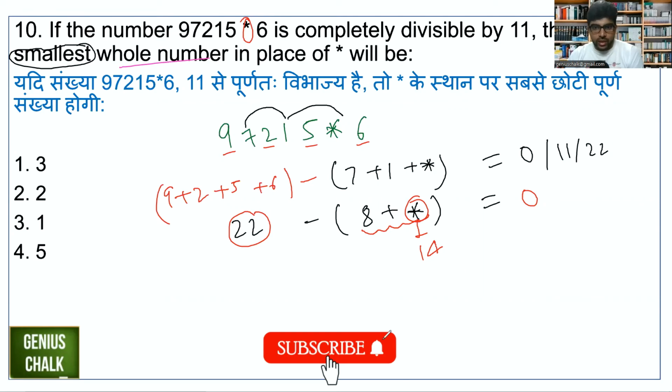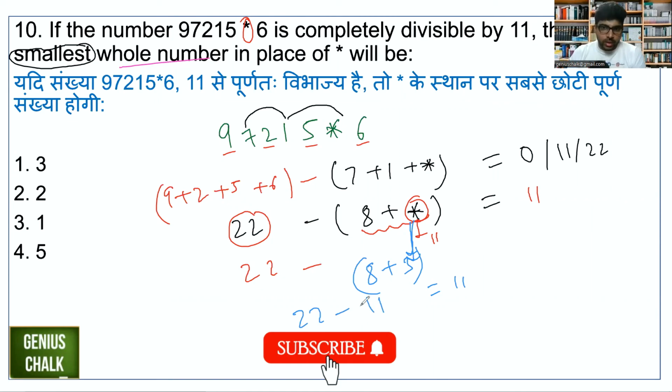Okay, we'll cancel this. Then what we may have next is 11. Let's make 11 then. It is 22, and how can I get 11 here if the sum of these two is 11? So for that, this star has to be what? 8 plus 3, then only it is 11, right? So the star value is 3. 22 minus 11, and this is 11.